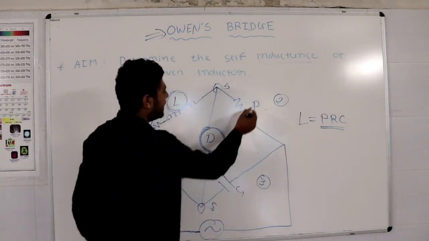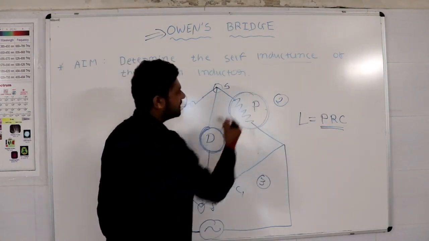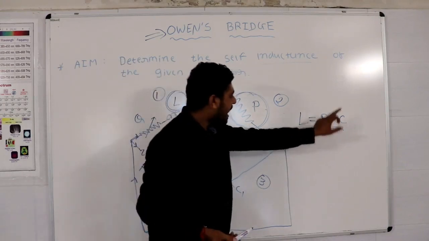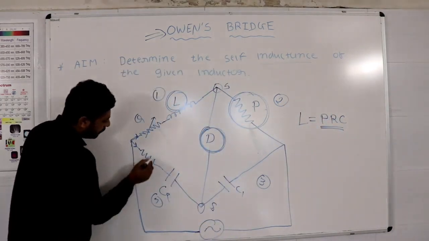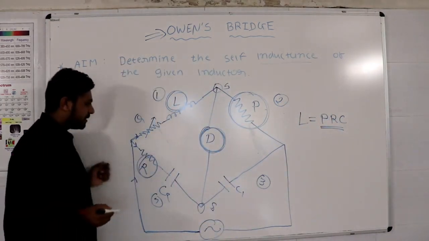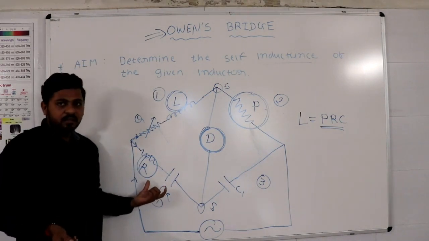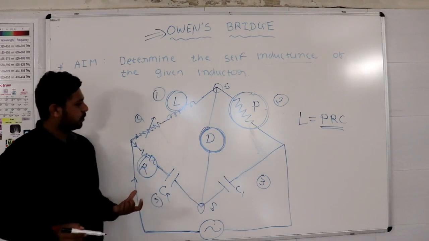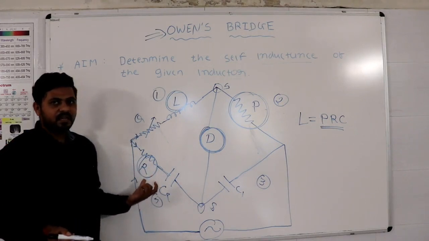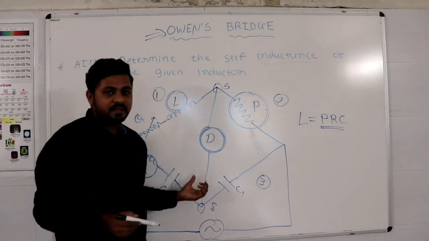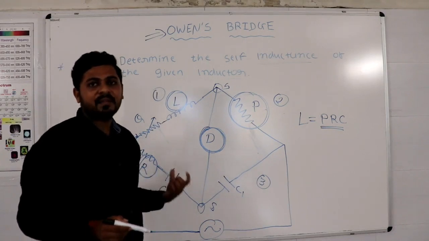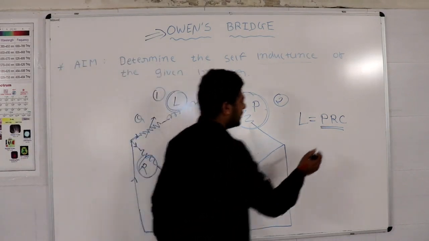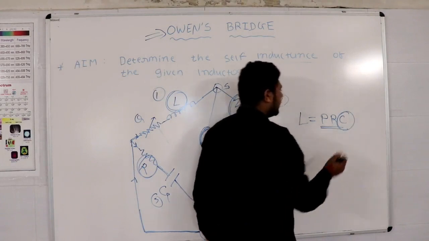P is a value of resistor. What is R? R is also a value of resistor. But observe here, there is not only R, there is a capacitor also. So I have to use a capacitor also. There is a C, the value of C is here.